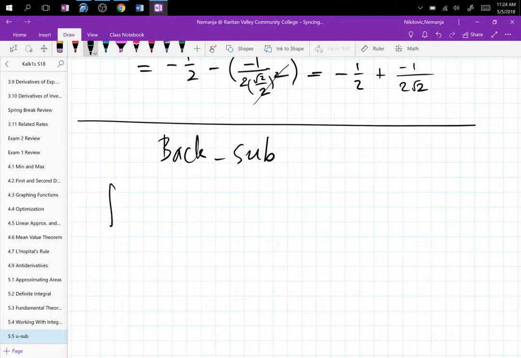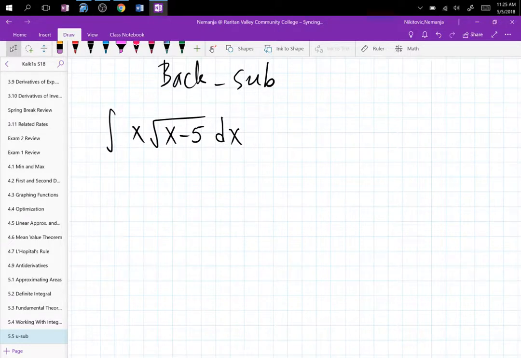Let's say I have the integral of x square root of x minus 5 dx. Which is not a pretty problem. Looks very simple. But it's this technique now that has an extra step.